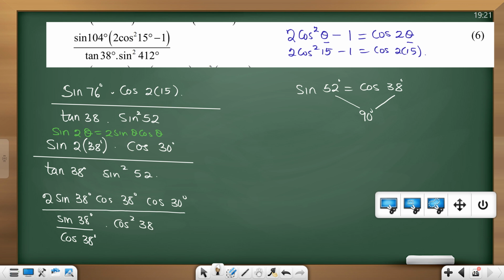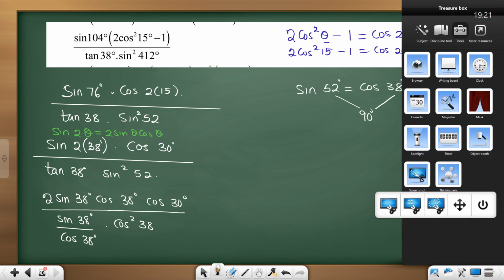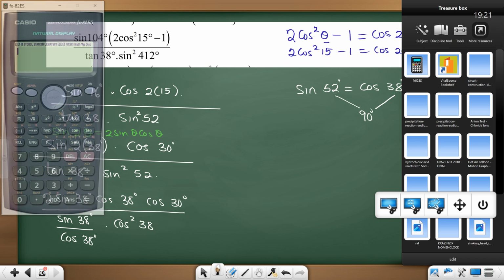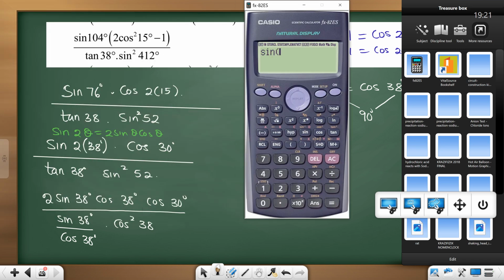Where does 52 come from? We did that. Reduce sine 52 or sine 52 squared. I noticed that my 52 is redundant there, right? Get rid of it. Co-functions.